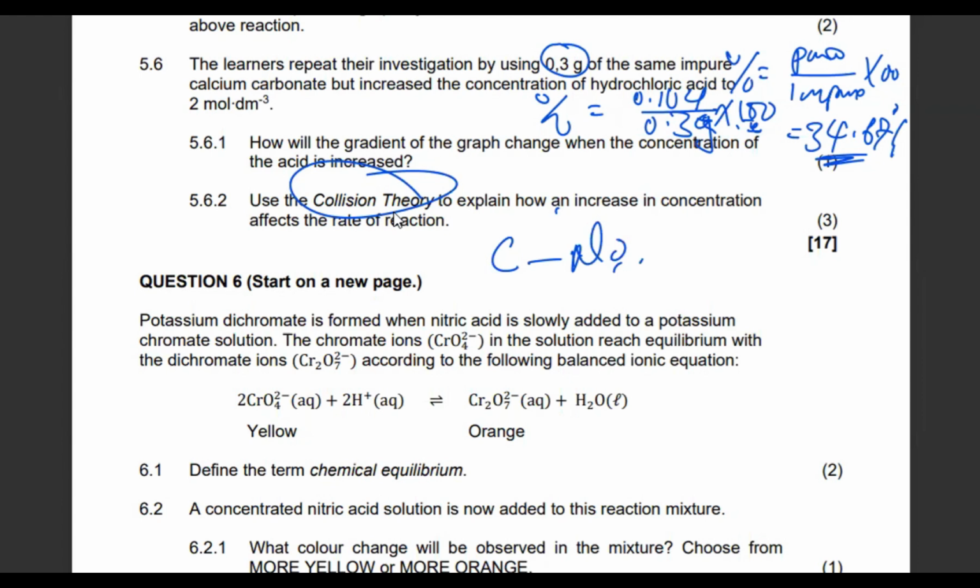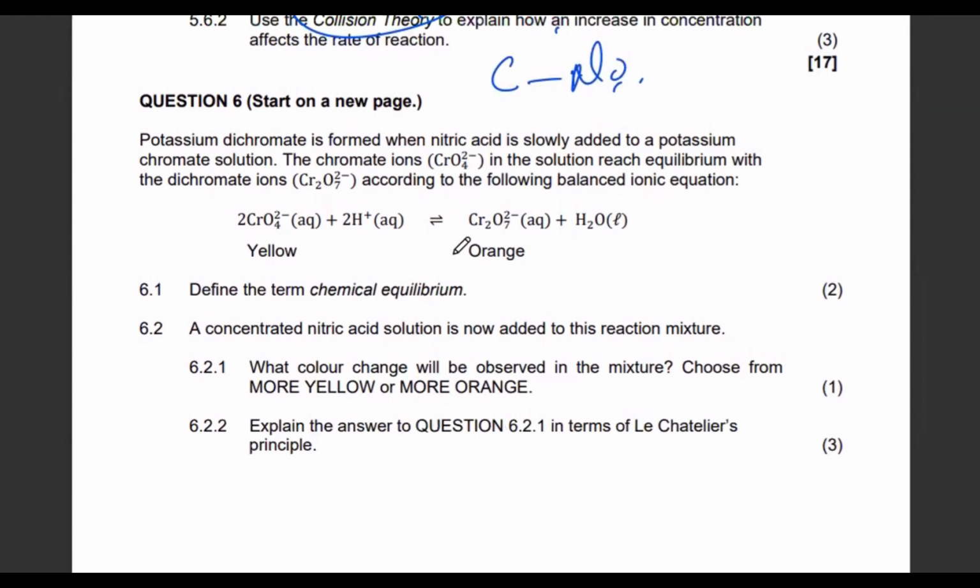Then we go to the next question, which is question 6. They are saying that potassium dichromate is formed when nitric acid is slowly added to the potassium chromate solution. The chromate ions in the solution reach equilibrium with the dichromate according to the following balanced equation.